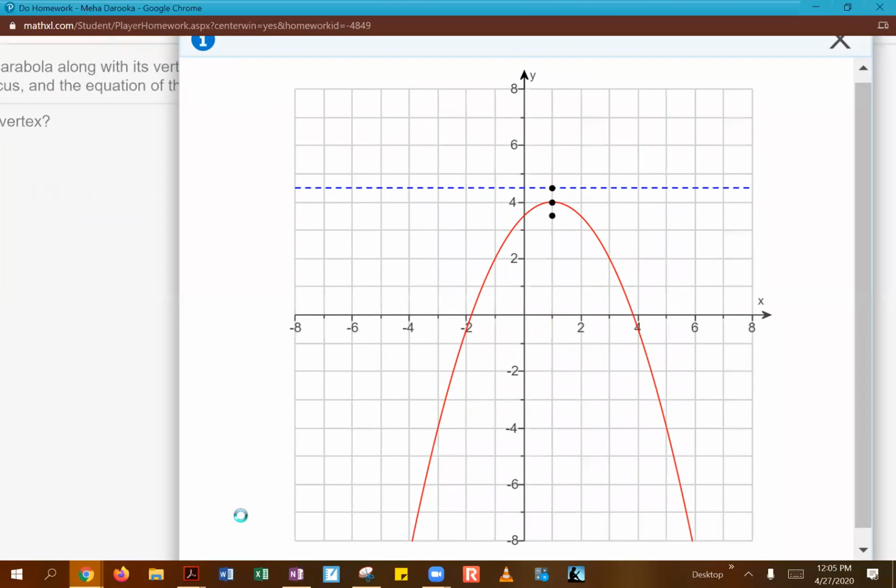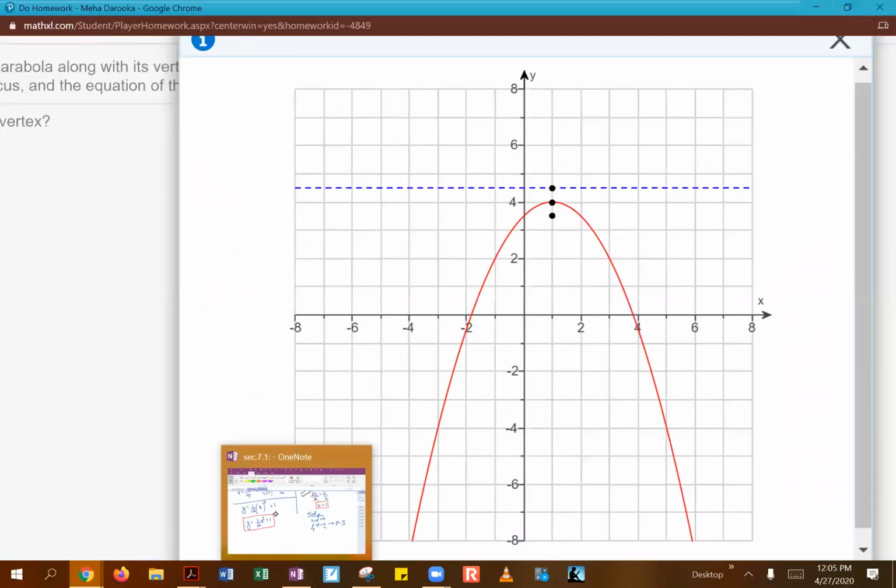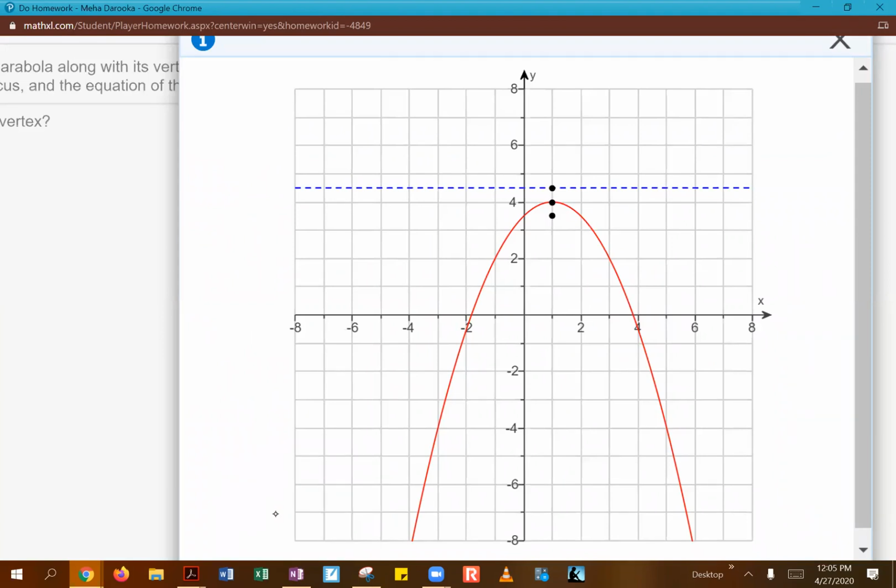There we go. So can you tell me, and this is open to everybody, what are the coordinates for our vertex for this parabola? One and 4. 1 and 4, okay. Coordinates for our focus? 1 and 3.5.